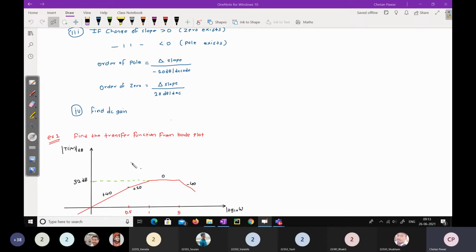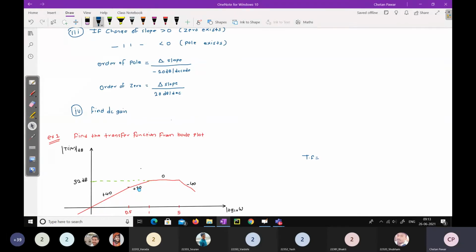So the first step in finding out the transfer function is that we need to check the initial slope. What is the initial slope? Plus 40 dB per decade. So there exists a zero or a pole at origin. What exists at origin in the transfer function? The slope is plus 40 dB per decade, so is it a zero or a pole?